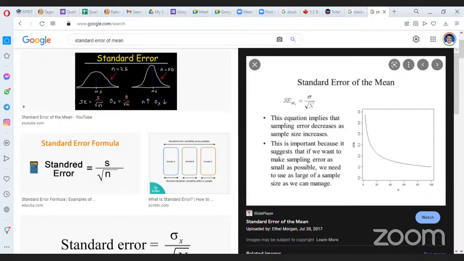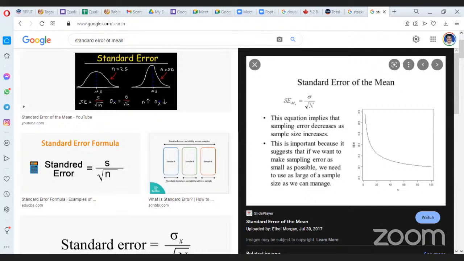When your sample size is less than 20, then your standard error is high. But when your sample size is more than 80, then your standard error of mean is small.